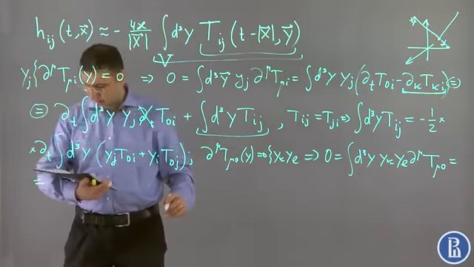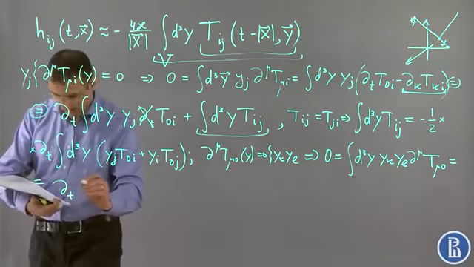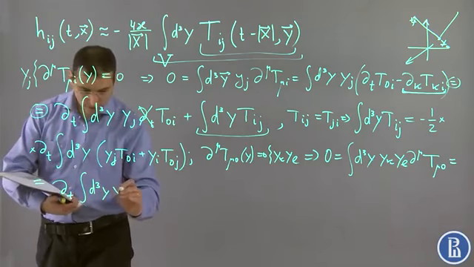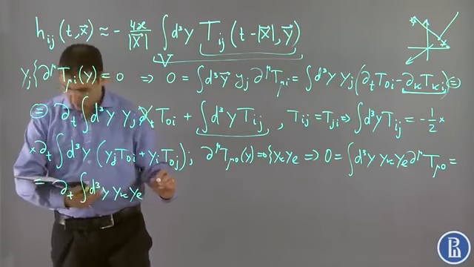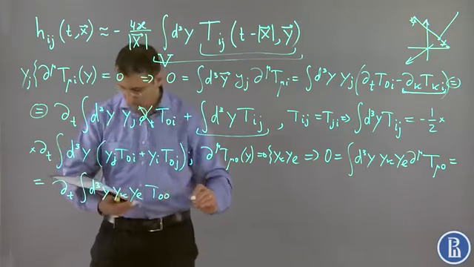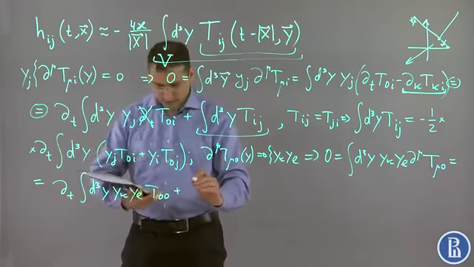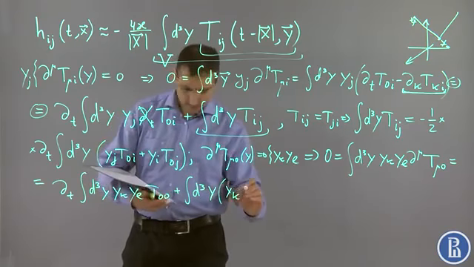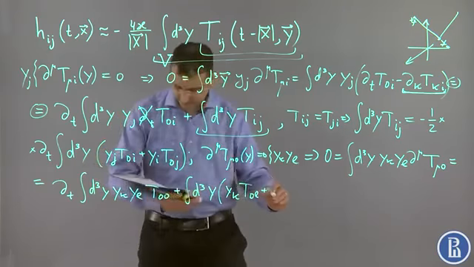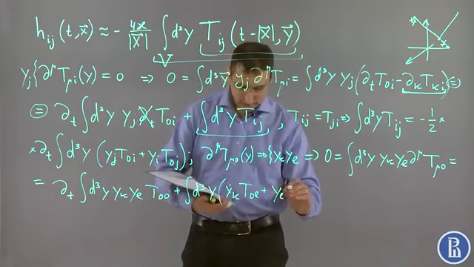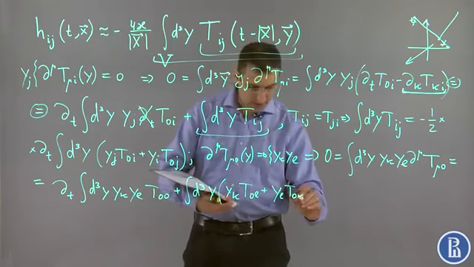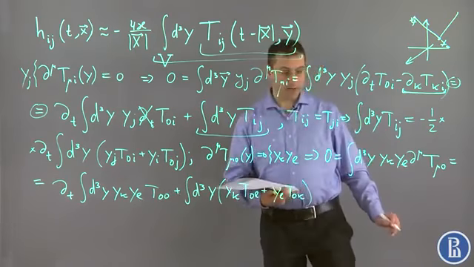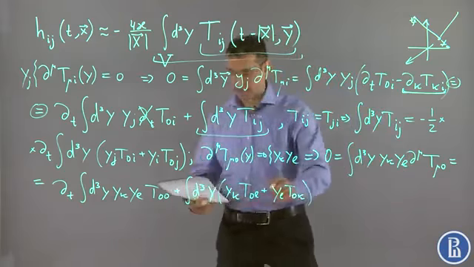As a result, we get dt acting on d3y yk yl t00 plus the integral over d3y (yk t0l plus yl t0k) after integration by parts in the second term.